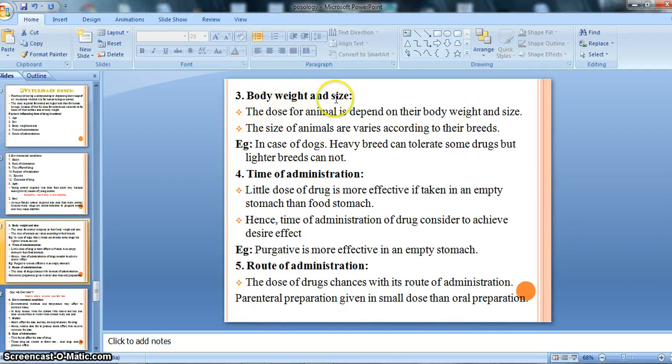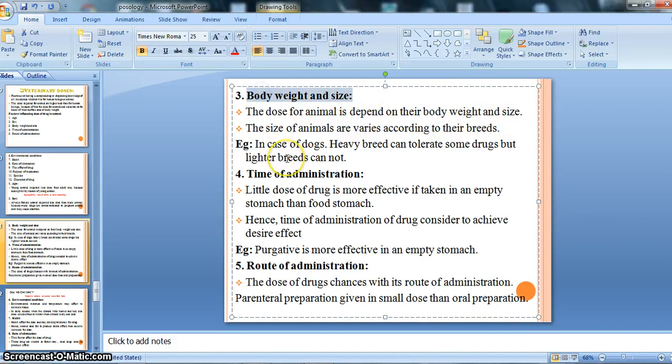Then body weight and size. The dose for an animal depends on their body weight and size. Animals having less body weight require a lesser dose, and animals with a higher body weight need a higher dose.